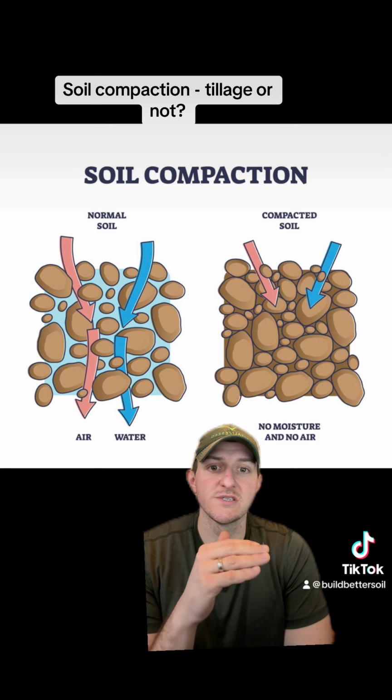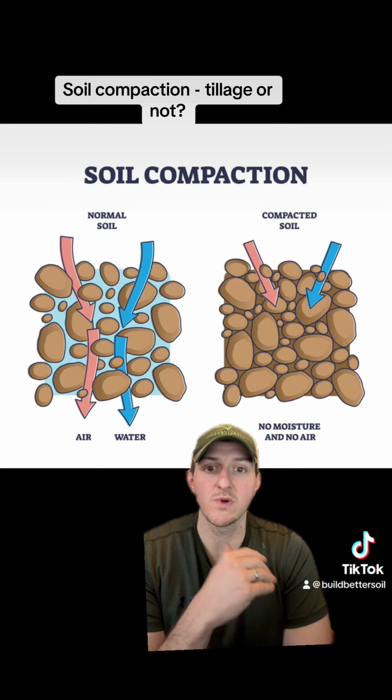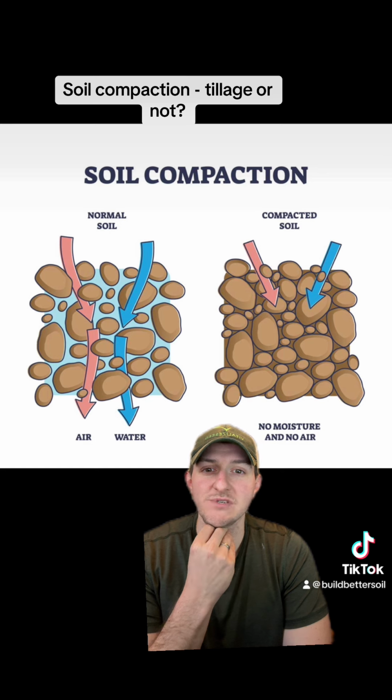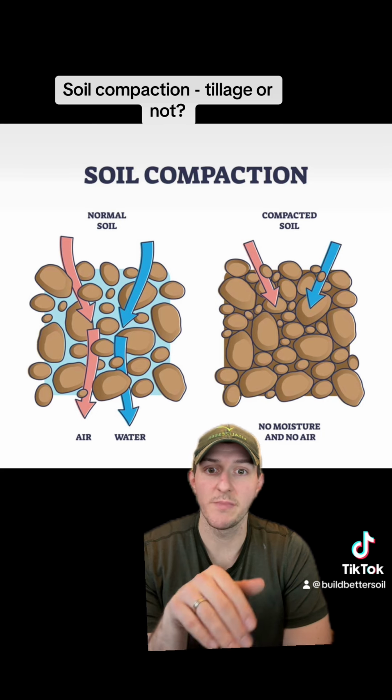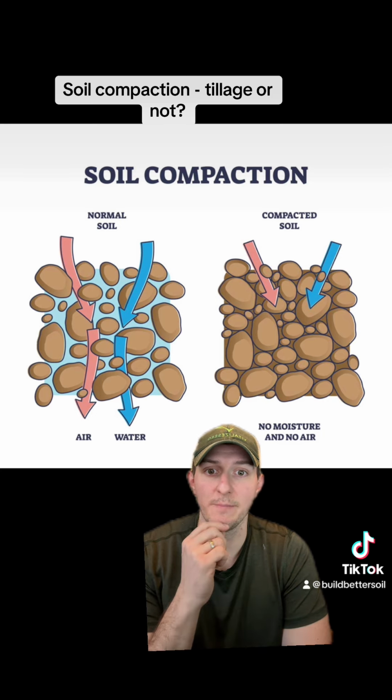There also is going to be subsoil compaction, which is where you'll hear a lot of times in agriculture where they're going to be using a ripper or a deep shank ripper where it actually doesn't have any or minimal disturbance across the top of the soil, but it's actually breaking up that subsoil compaction.